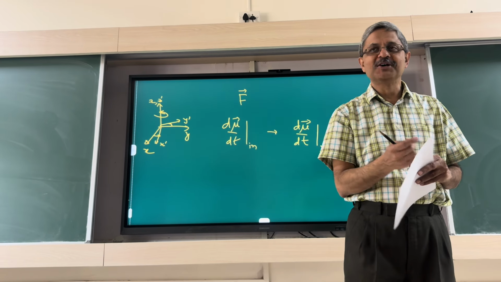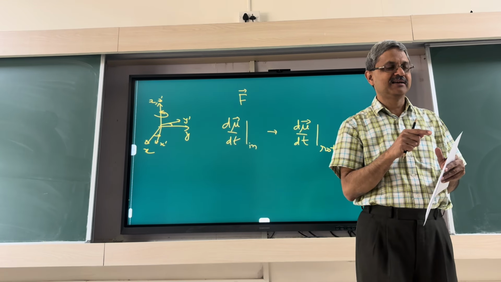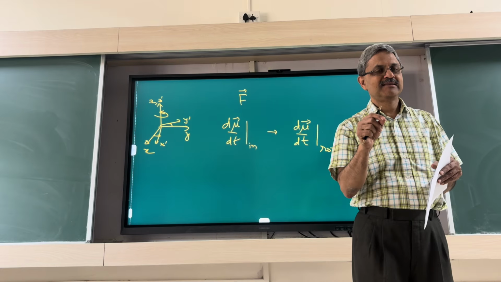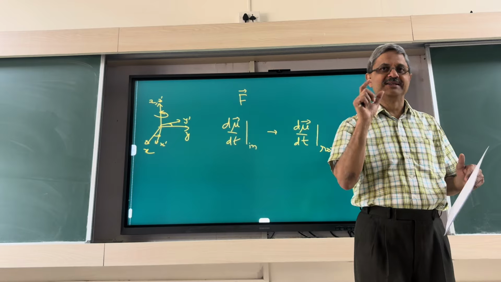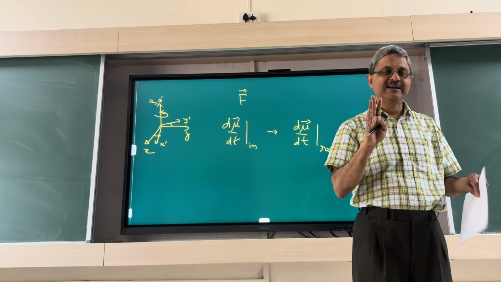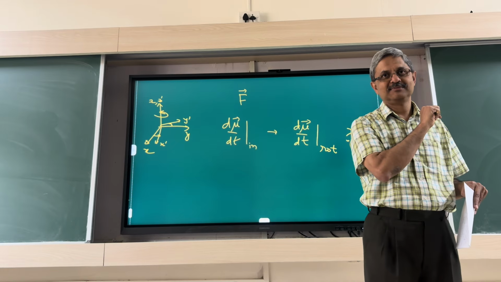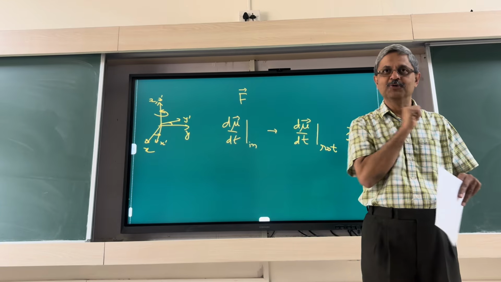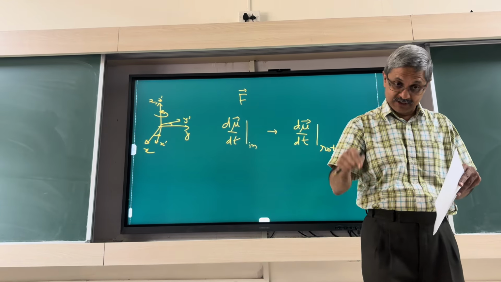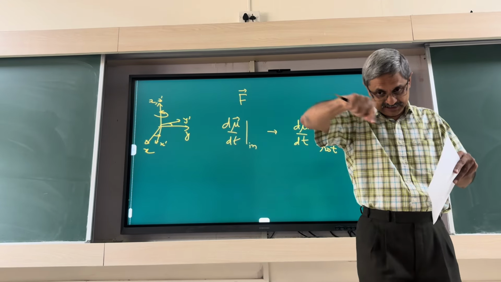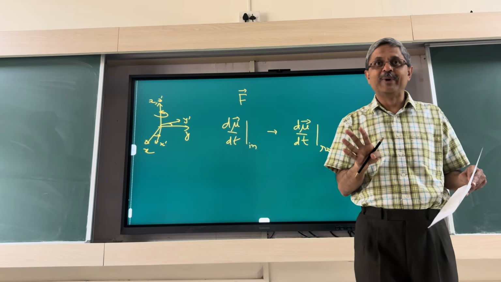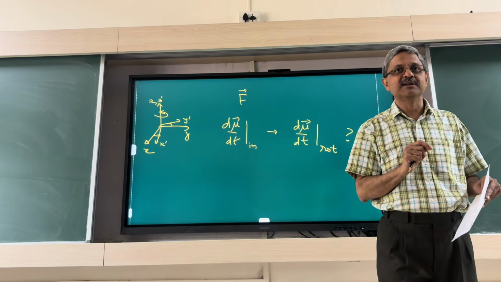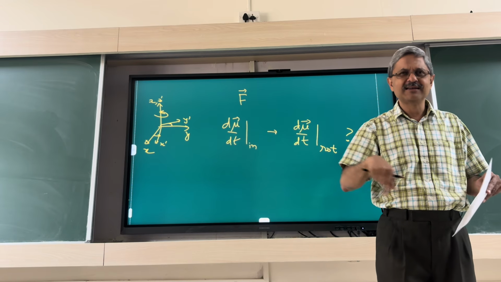Because if in my lab frame I am seeing a particle at rest, dr by dt inertial is 0. But if I view the same from a rotating turntable, I'll see it going the other way in a circular motion, with velocity r omega, where omega is my rotating frame angular velocity.